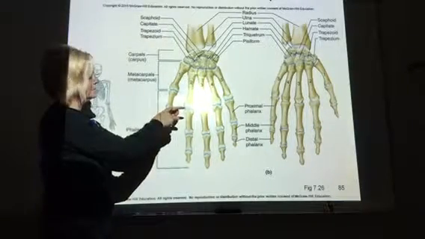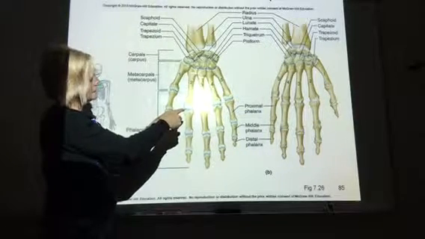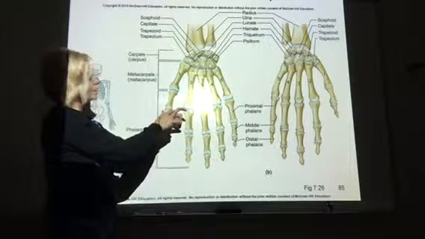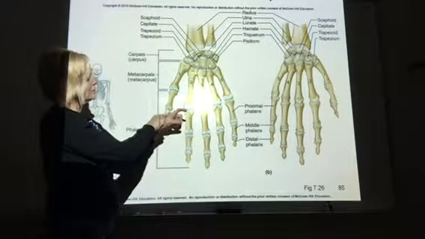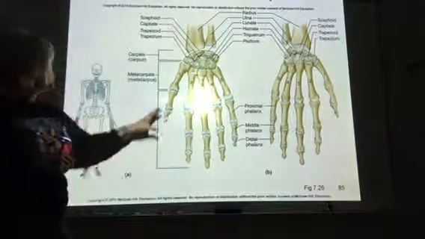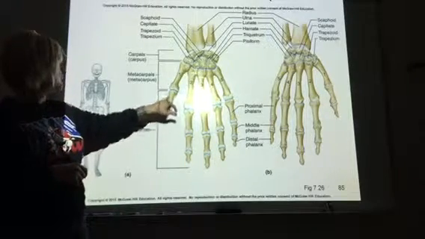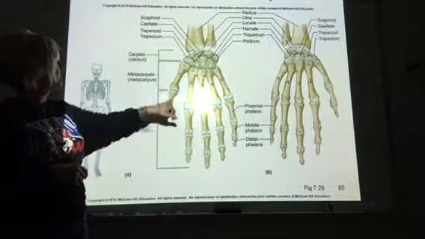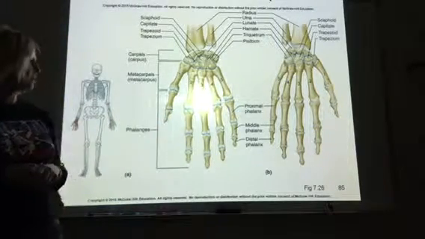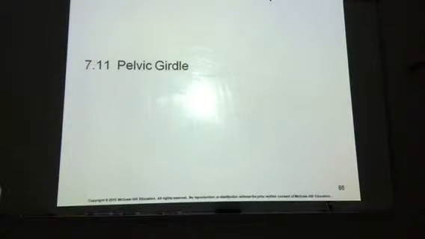I have a proximal phalanx, a middle phalanx, and a distal phalanx. Distal being the furthest away, proximal being the closest to your metacarpals, and then middle is going to be in the middle. Your thumb will only have a proximal and a distal. It does not have a middle phalanx. There's only 2 parts to it. And that's where we'll stop.